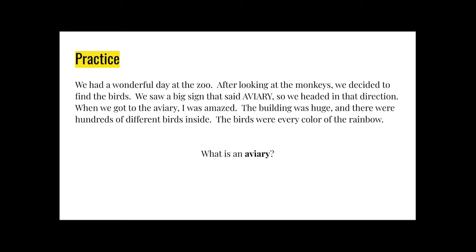Well, if you look after the sentence that states they saw a big sign that said aviary, we're told that they get to the aviary, and then the passage states that the building was huge and there were hundreds of different birds inside. So we can take that information and infer that this building itself was the aviary. Therefore, we can define an aviary as a place where birds are kept.